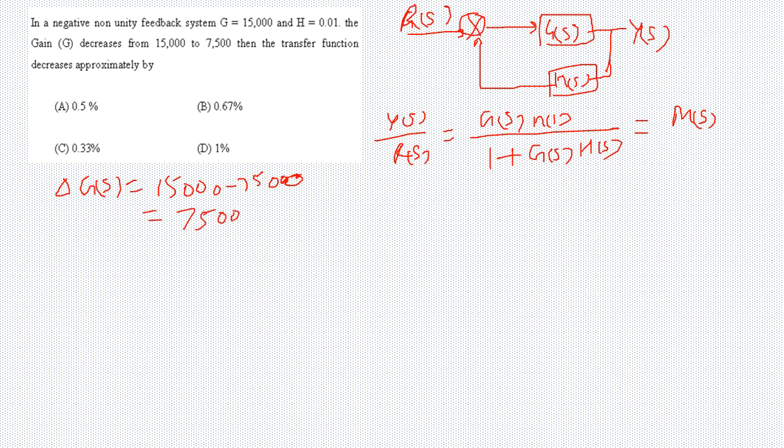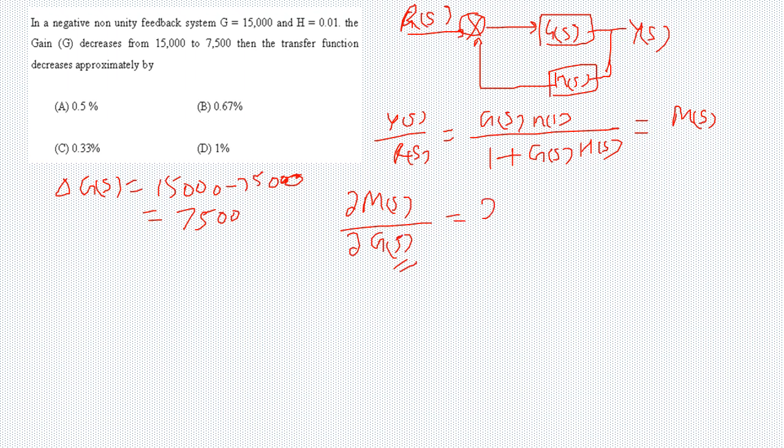When that happens, how is M(s) affected, because M(s) is my transfer function? Let's first calculate the derivative del M(s) over del G(s). What does this mean? It is the change in M(s) with respect to G(s), and it is a partial derivative, so we are considering H(s) as constant here.